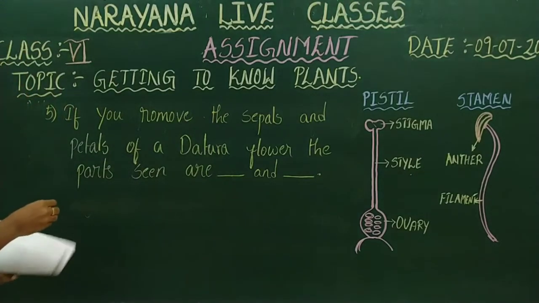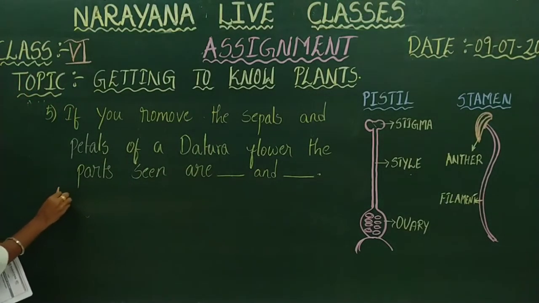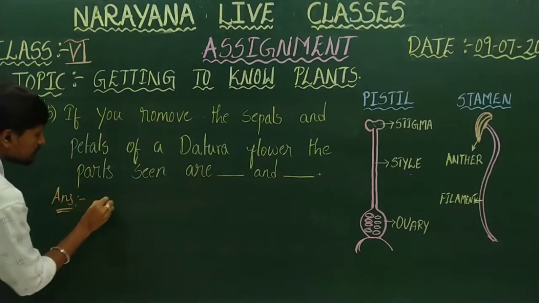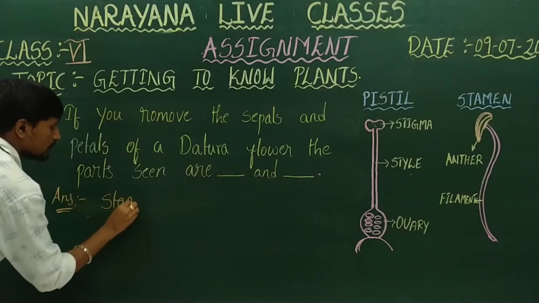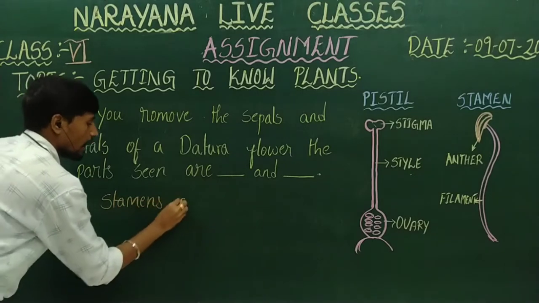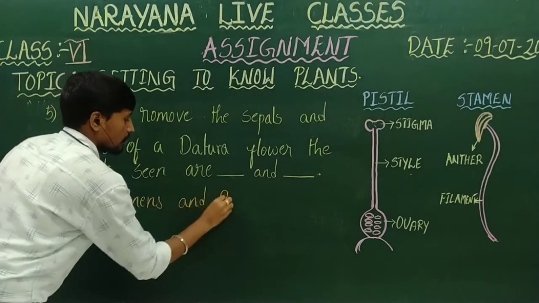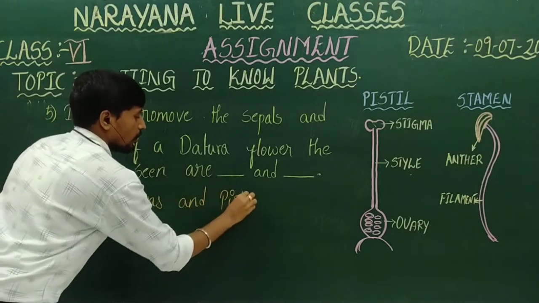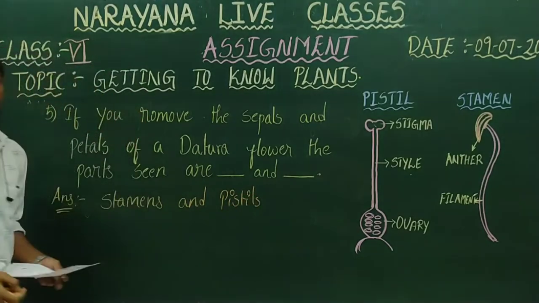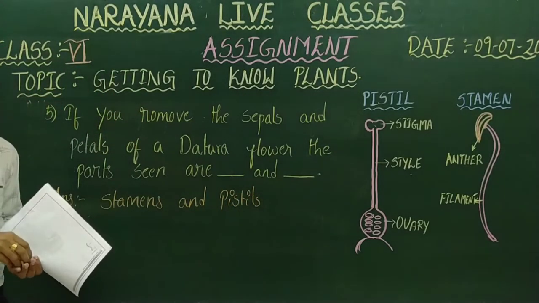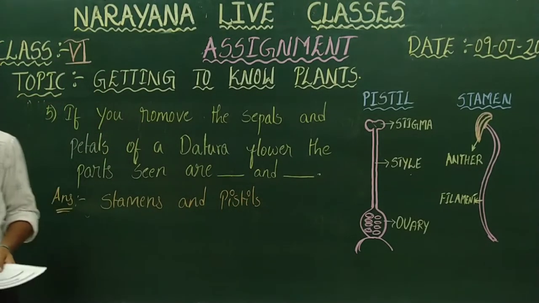So if you remove the sepals and petals of the Datura flower, we find stamens and pistil. Stamens and the pistil are the structures which we find inside the Datura flower.